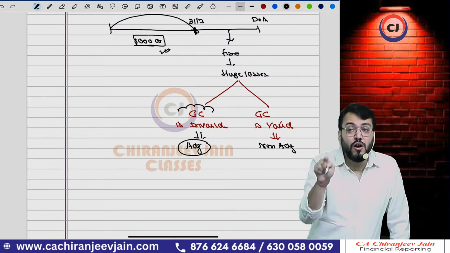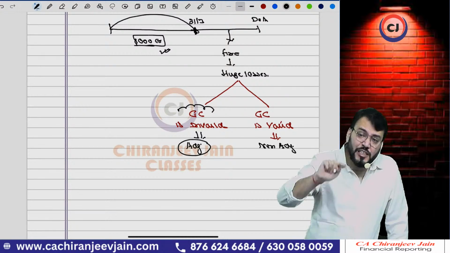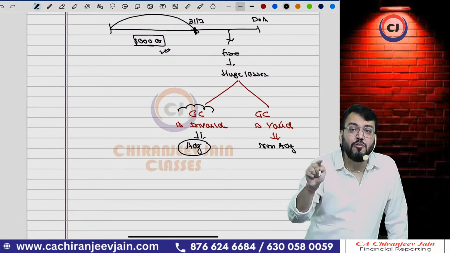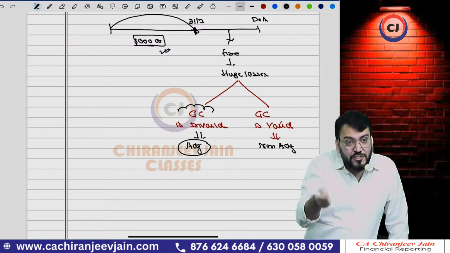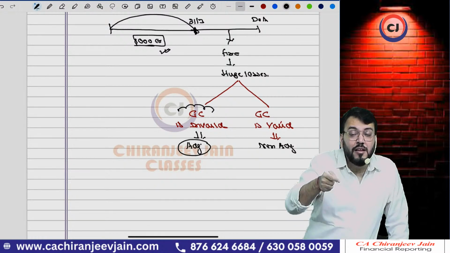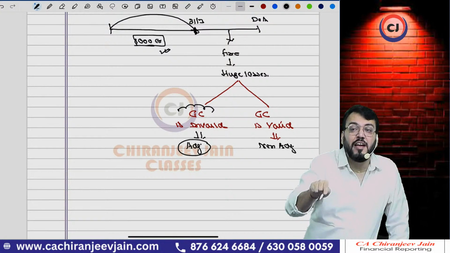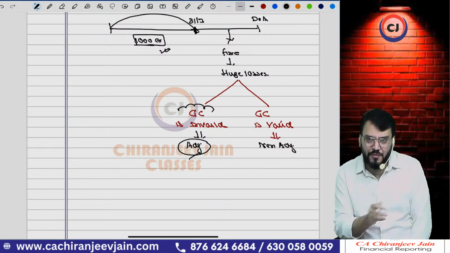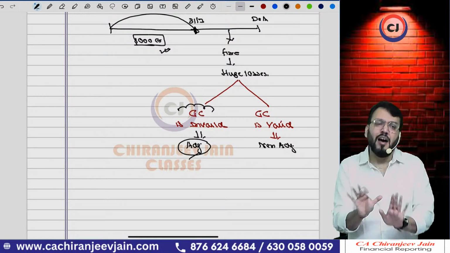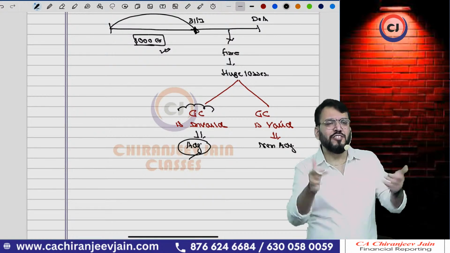This word is not given under Ind AS 10. AS 4 used to say that financial statements require adjustment. But Ind AS 10 says that the fundamental basis of preparation of financial statements should change. So they have not used the word adjusting. I will read that para. Don't worry. From an examination point of view, you can write adjusting.